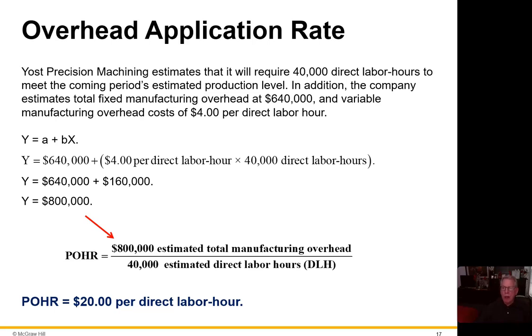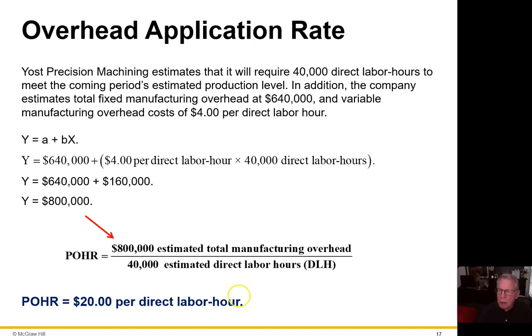So let's do one as an example. Yoast Precision Machining estimates that it's going to require 40,000 direct labor hours to meet the coming period's estimated production level. In addition, the company estimates the total fixed manufacturing overhead at $640,000 and variable manufacturing overhead costs of $4 per direct labor hour.